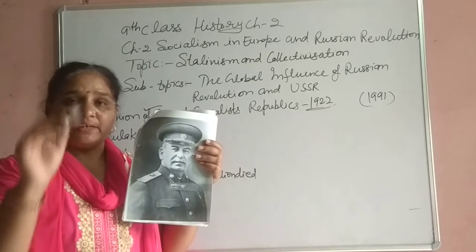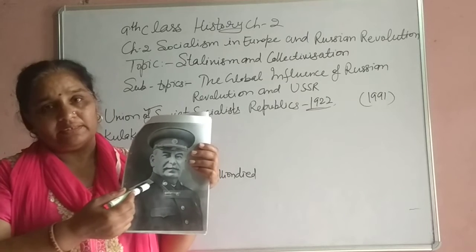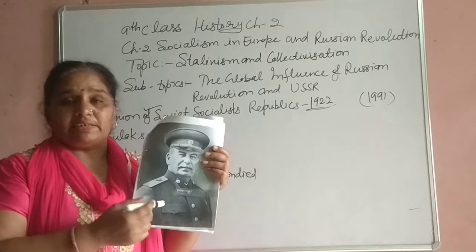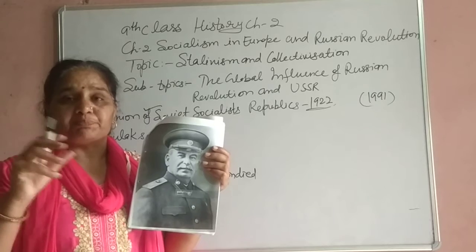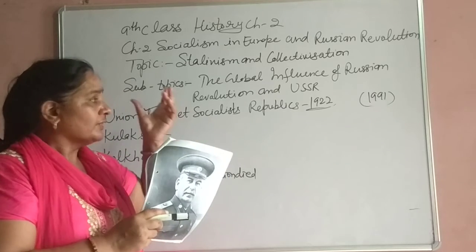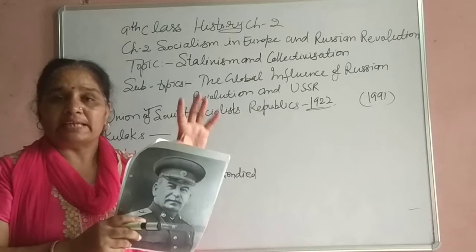Stalin became the leader of the Bolshevik party in 1924 after the death of Lenin. He led that party very effectively and he changed the system of the peasants. In today's topic we will discuss the role of kulaks and kulakos. We will learn two new terms.